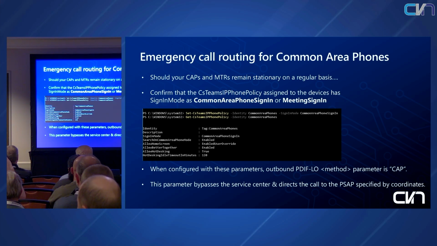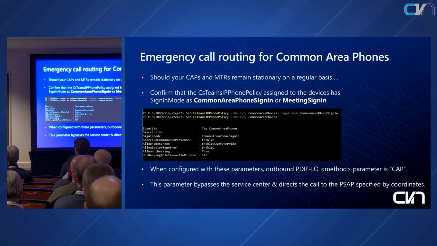It's something you've got to use PowerShell for. But when we see an emergency call come through for a device with that sign-in mode set to either common area or meeting, we will take the location object that we send up the wire and automatically stamp it with the parameter that says this call can now go directly to the public safety access point. So this is how it works now for cases where you've got common area phones and MTRs configured.